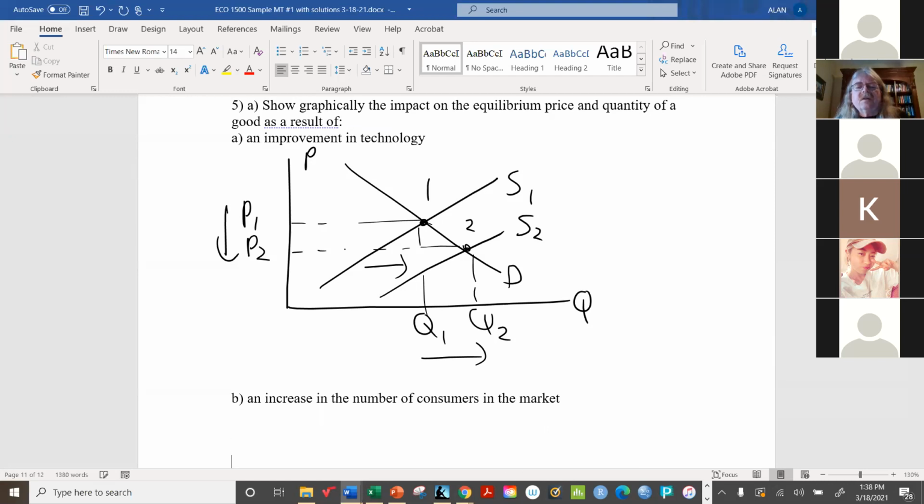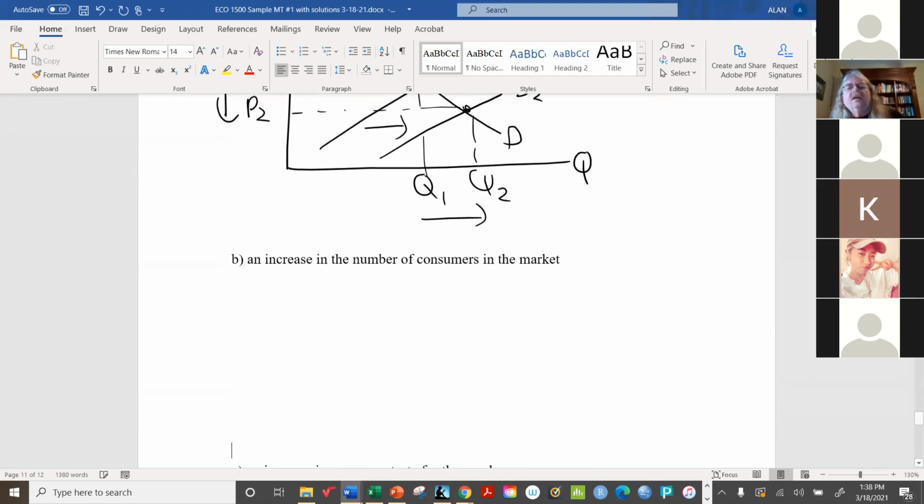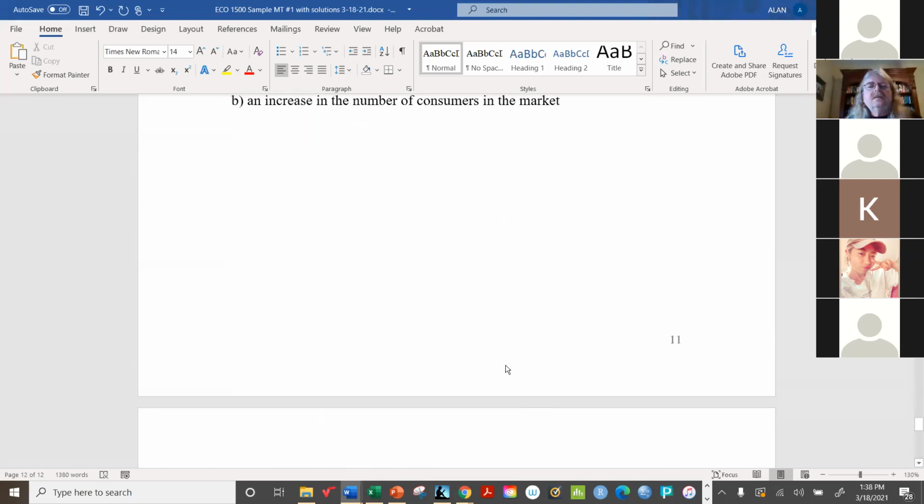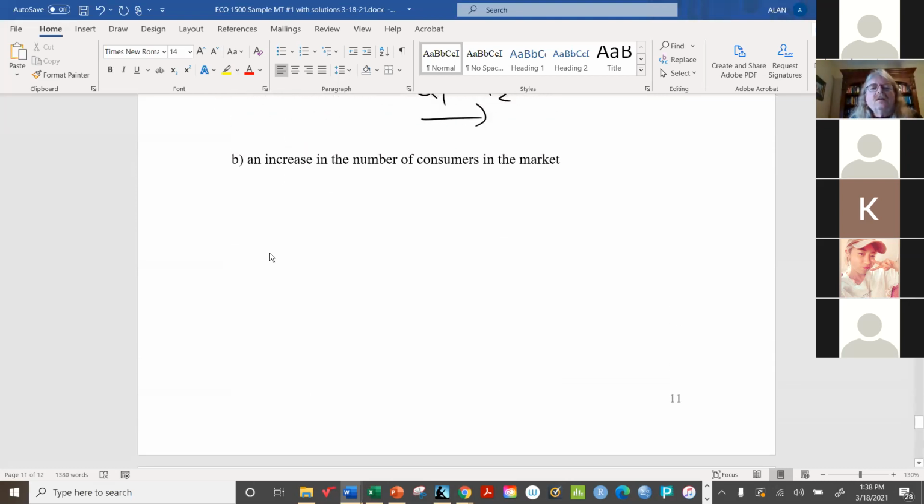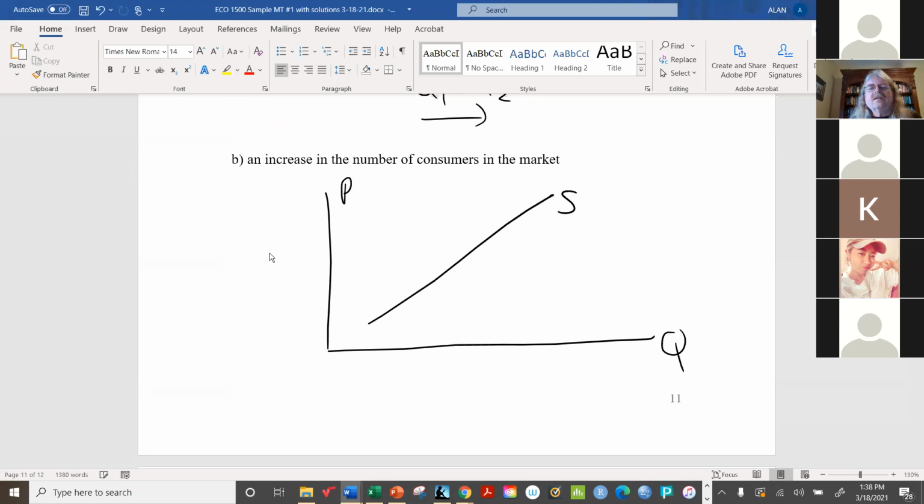The number of consumers, okay, if there's more people in the market, the demand curve has to go up. There's more people. So if you're Coca-Cola, you love to see the population growing because more people means more Coke drinkers. It's that simple.